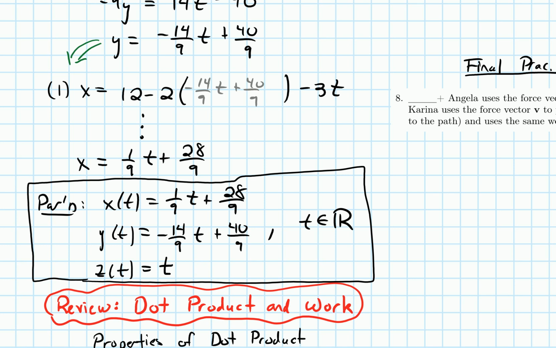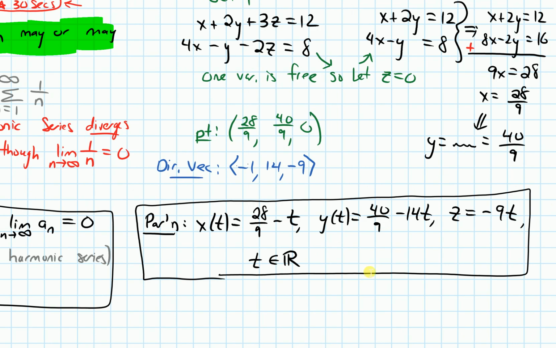So that's good, because if I plug in t equals 0 into either parameterization, we show that they go through the same point. They go through the point 28 over 9, comma 40 over 9, comma 0, if you plug in t equals 0. That's the case in either parameterization.